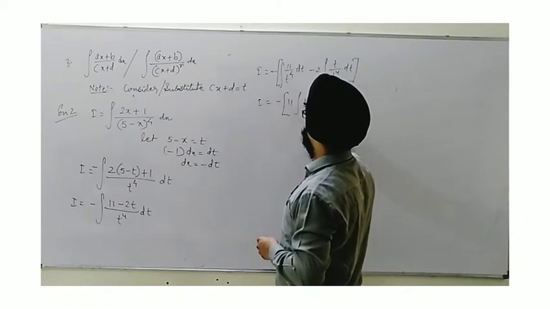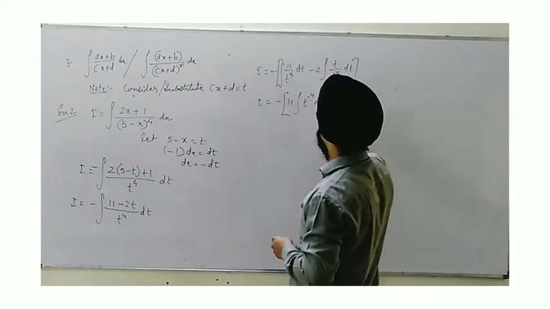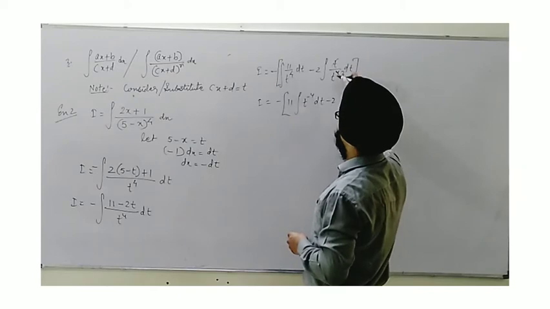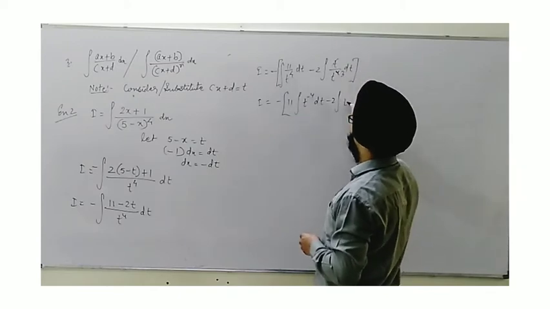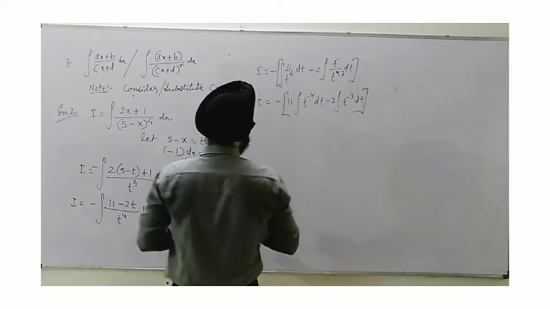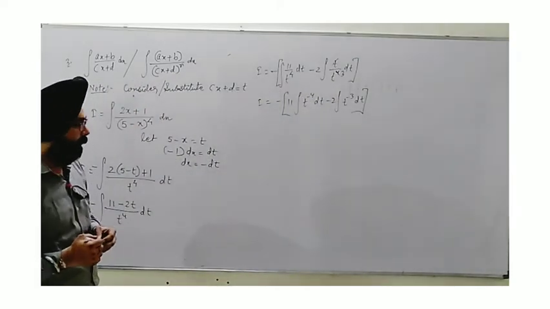That is 11 t raised to the power minus 4 dt, minus 2, by cancellation we get t cube, so integration of t raised to the power minus 3 dt. Now we can operate, fully converting that into the fundamental patterns.